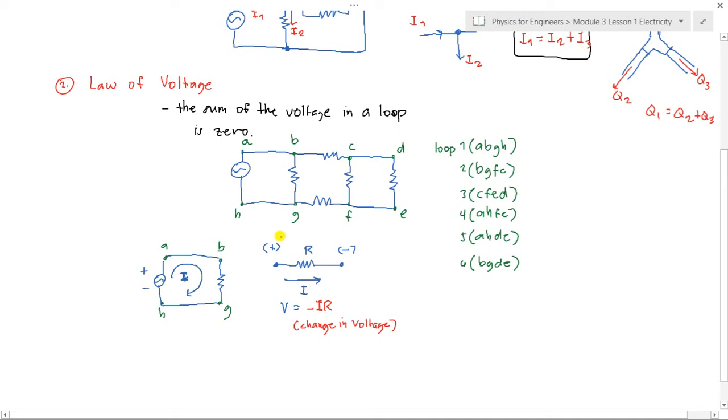So positive 5 volts passes through the current and the resistor, which of course consumes energy, going to the lower potential. So the change in voltage is final voltage minus initial. The final voltage is smaller than the initial, so automatically the change there is negative. That's why we have V equals negative IR, meaning the voltage generated for every resistor, with the current in this direction, is negative.